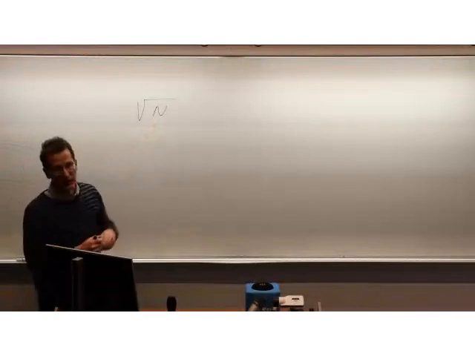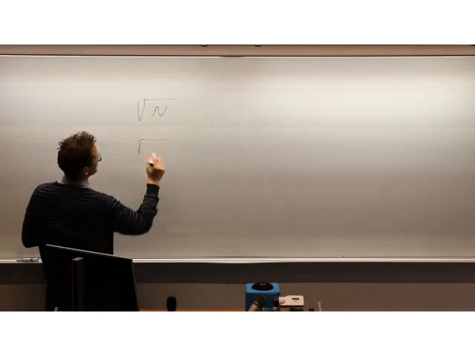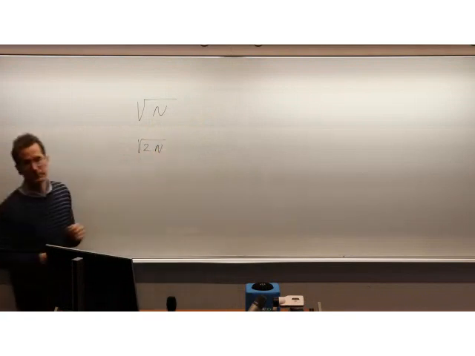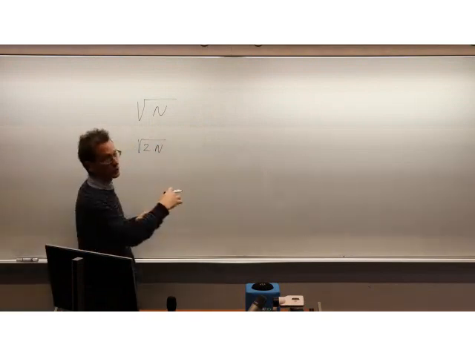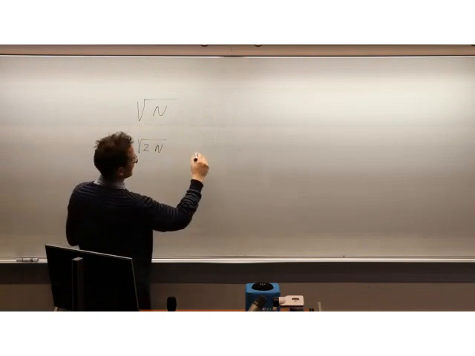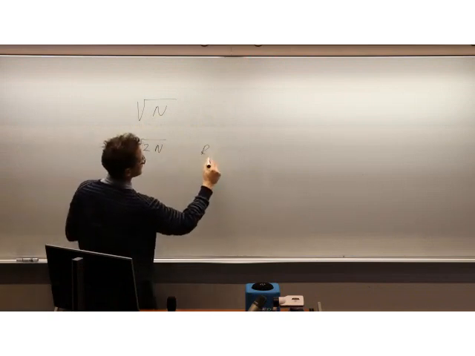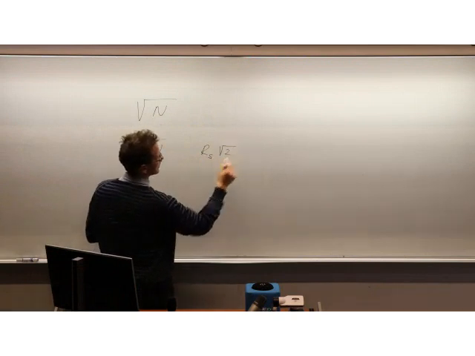So twice as long means the square root of 2 times N, as we saw, which means we get the same resolution as before, RS as before, multiplied by square root of 2.